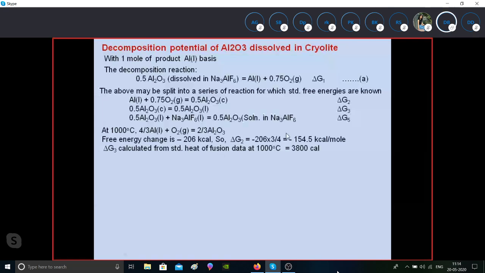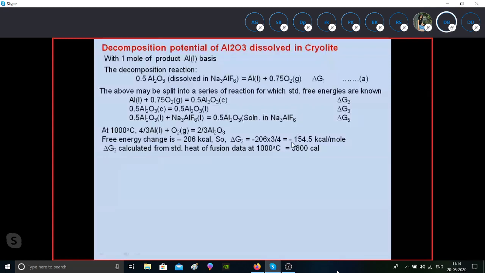And so I have delta G2, then delta G3, which is nothing but the heat of fusion. Standard heat of fusion data is available in literature at 1000 degrees centigrade. It turns out to be positive 3800 calories. Can you tell me why it is positive?